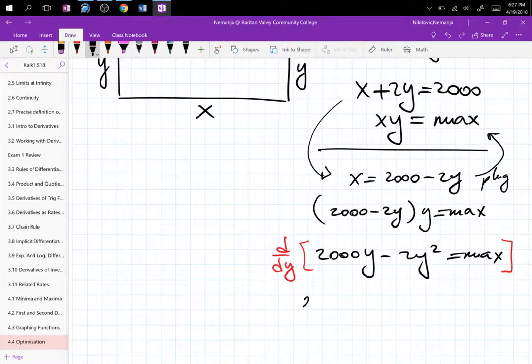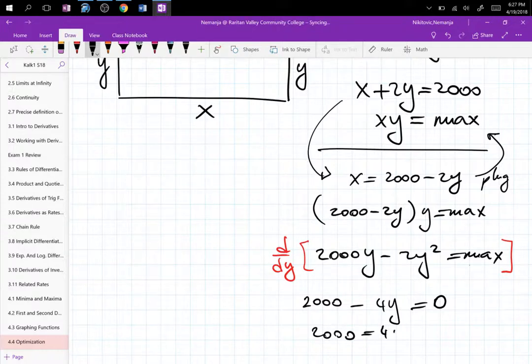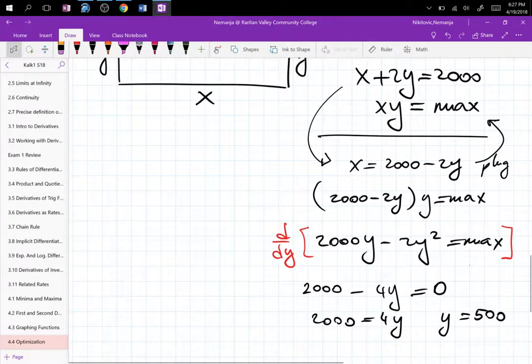And we have 2,000 minus 4y equals 0. 2,000 equals 4y. Y equals 500.